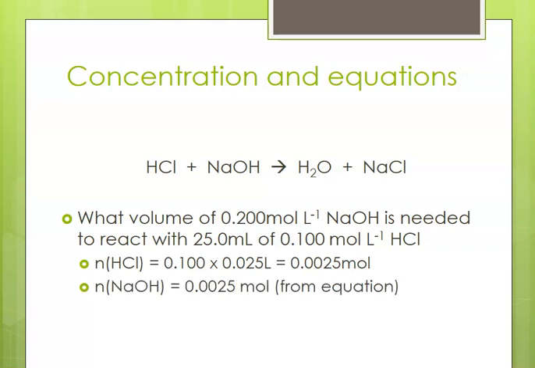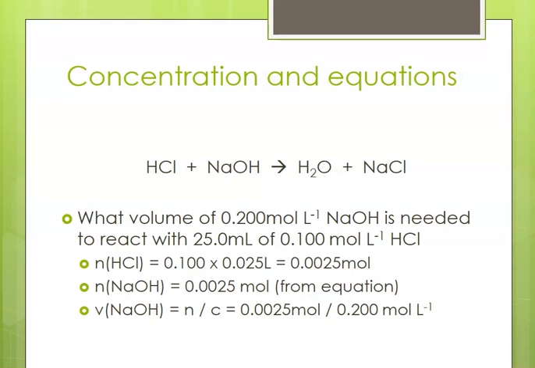Now there's a 1-to-1 ratio in this equation because there's equal amounts of hydrochloric acid and sodium hydroxide. So the moles of sodium hydroxide will be the same as the moles of hydrochloric acid, 0.0025 moles. So to work out the volume of sodium hydroxide, it's just a rearrangement of the moles, concentration and volume equation.